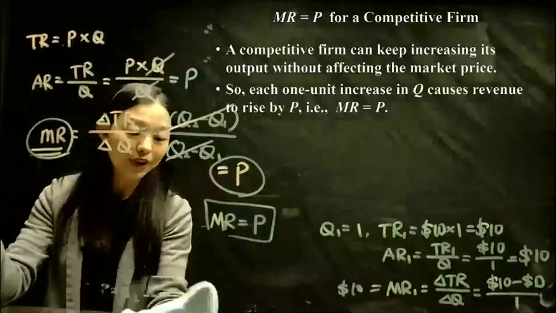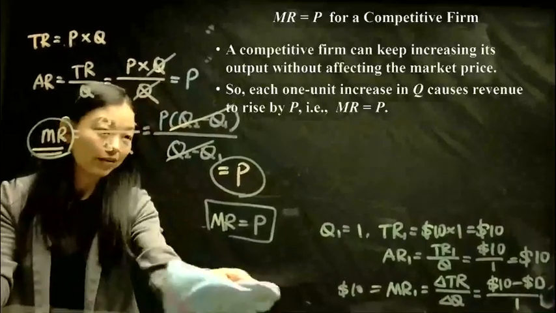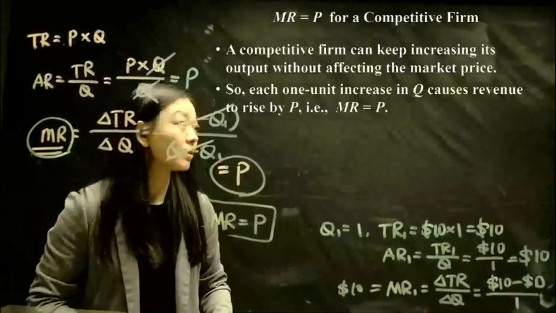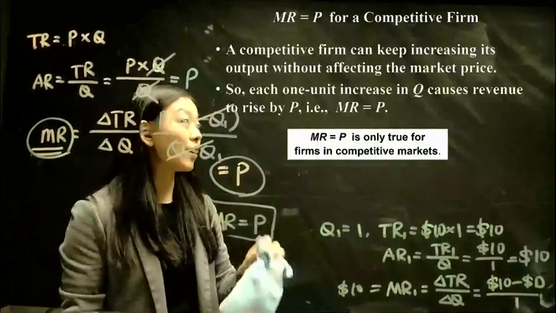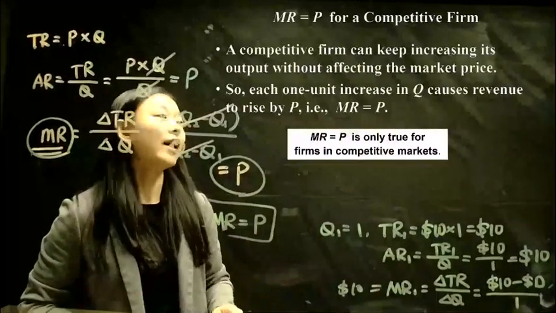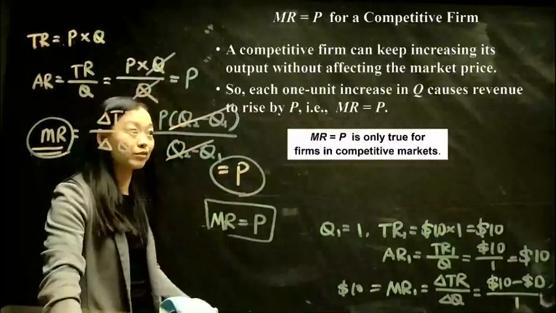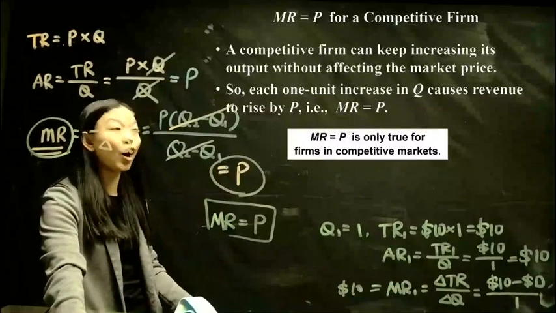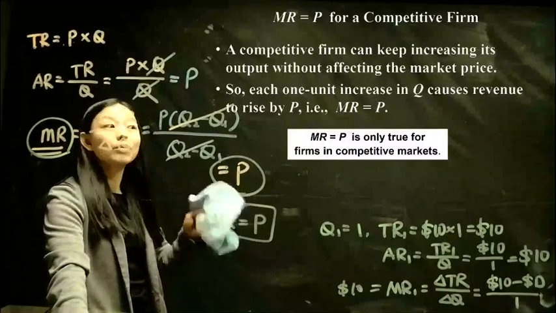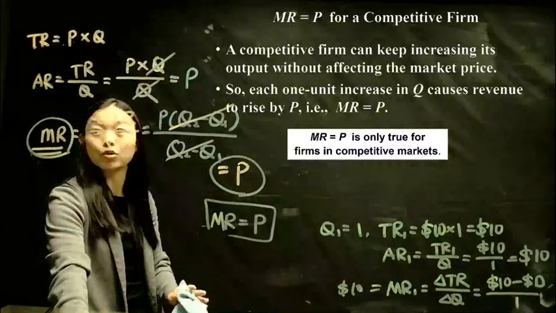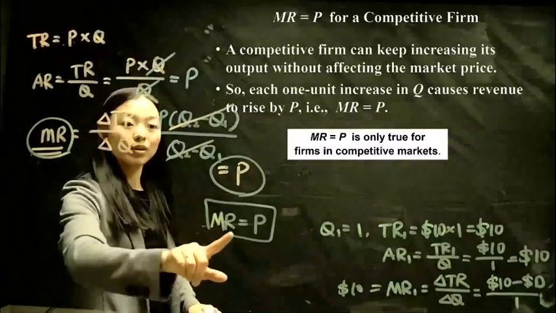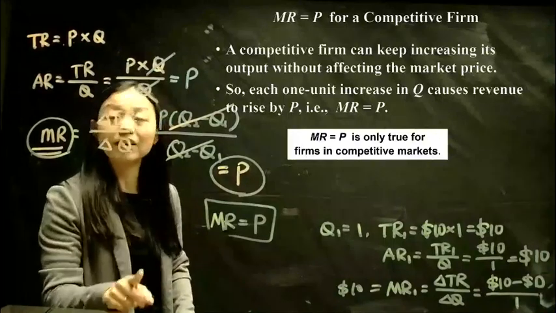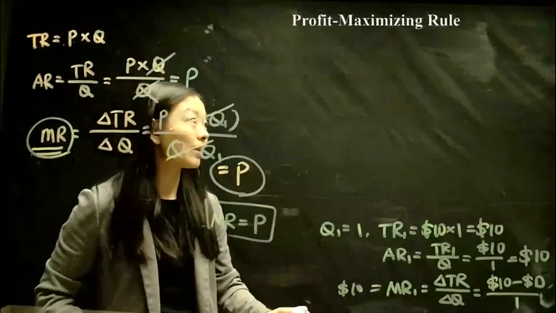And this is why we have marginal revenue always equal to price in a perfectly competitive market. And this is very, very important, okay? In other types of competition, for example, in monopoly, duopoly, oligopoly, or monopolistic competition, price will not equal marginal revenue. Price equal to marginal revenue is only true for a perfectly competitive market.